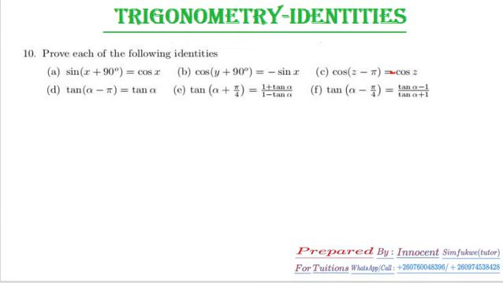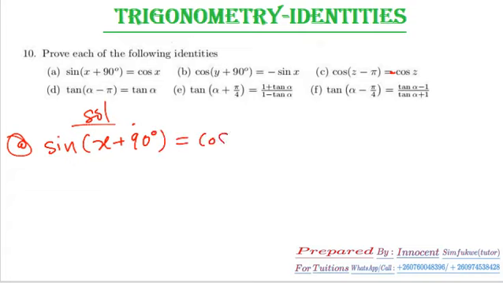So now, what's the question saying? We're trying to prove each of the following. We have sine of (x plus 90 degrees) is equal to cos x. The question is asking us to prove that the left hand side is equal to the right hand side. So how are we going to do it? This is the sum identity for sine.